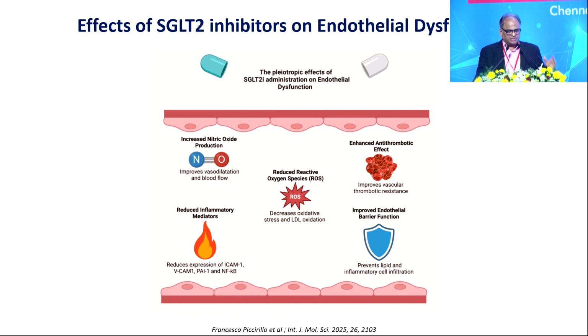So endothelial dysfunction, because of all these things, you can see that there is an increased nitric oxide production with SGLT inhibitors, reduced inflammatory mediators, reduced atherothrombotic effect, and also improved endothelial barrier function, so that the platelets don't break the endothelium and go into the vessel.